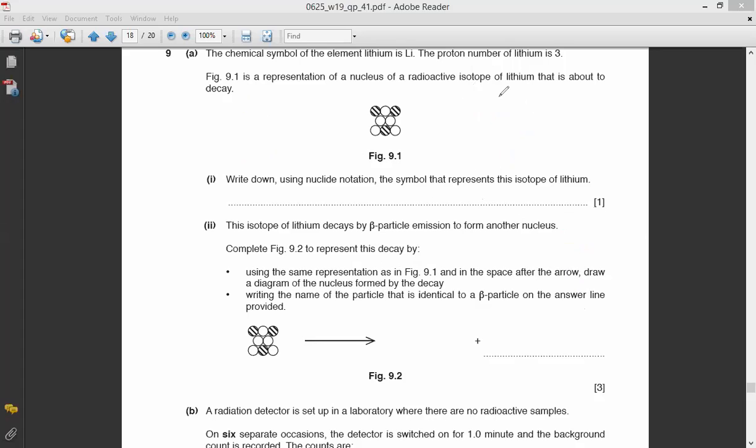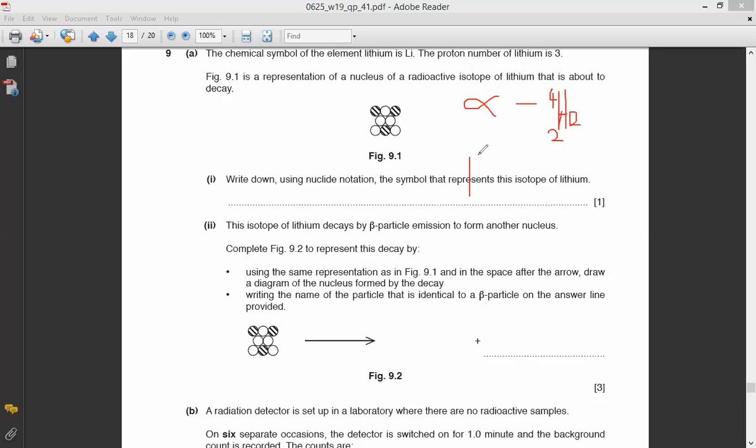We have the alpha emission, and it decays by helium, which is positive, with an atomic mass of 4 and a proton number of 2.